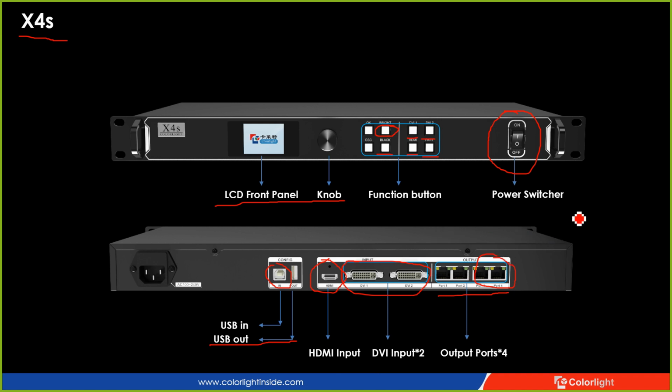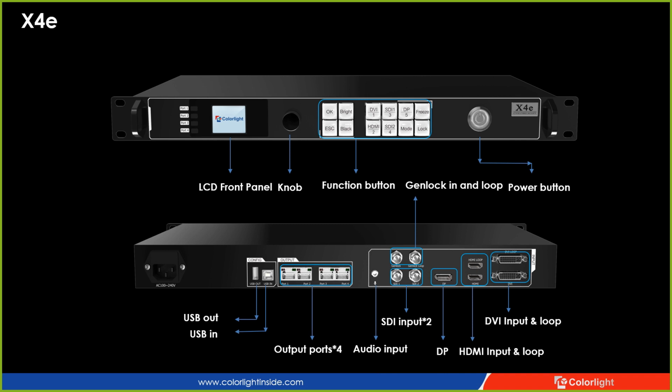Okay, let's look into the X4E. The front side is the same: an LCD panel with a knob to change the settings easily. And here are the function buttons. Use the brightness button to change the brightness settings, and there are the black and the freeze buttons. The freeze is to freeze the picture on the LED screen.